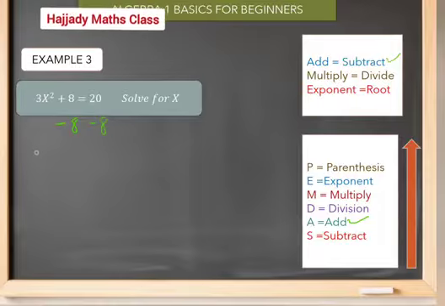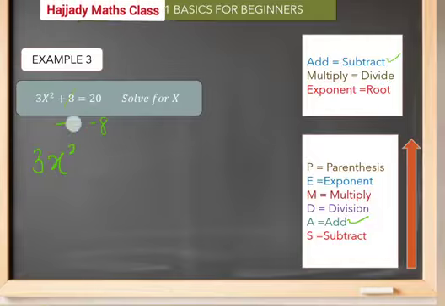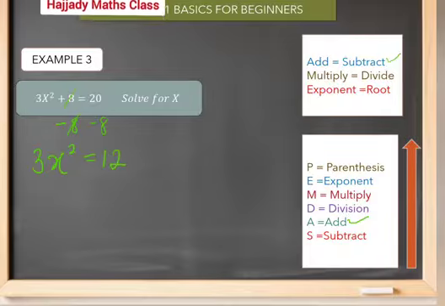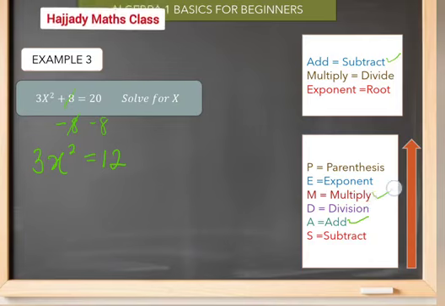And here we have 3x squared. 8 cancels out this 8, equals 20 minus 8 gives 12. That is done. Now, you ask, do we have division? No. Do we have multiplication? Yes, we have.